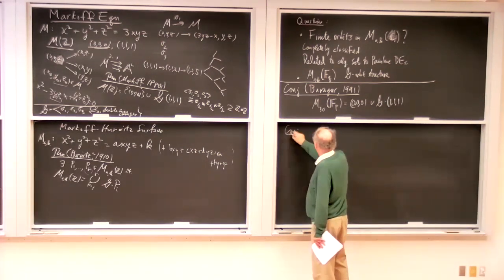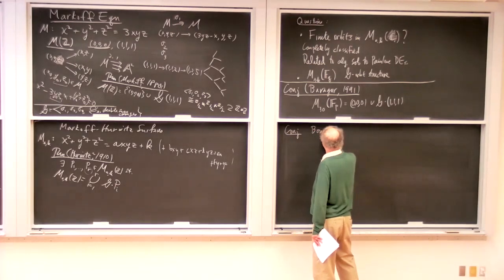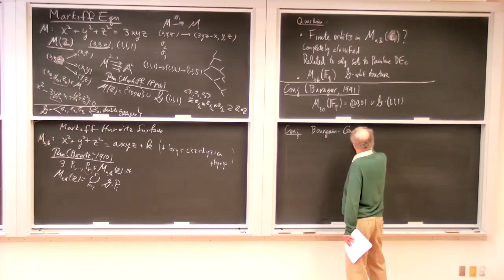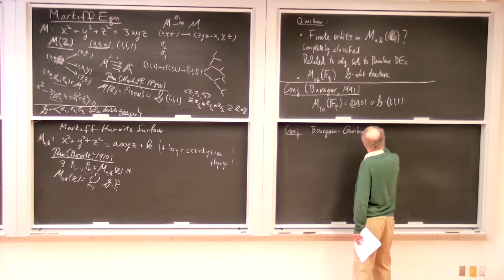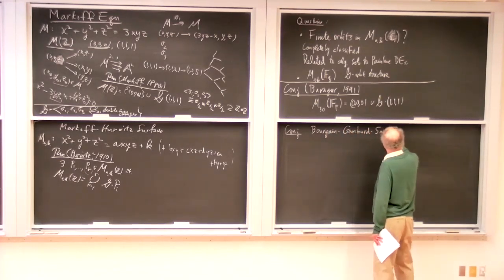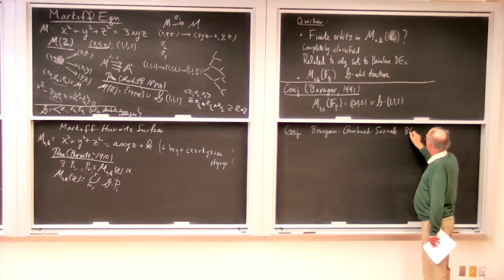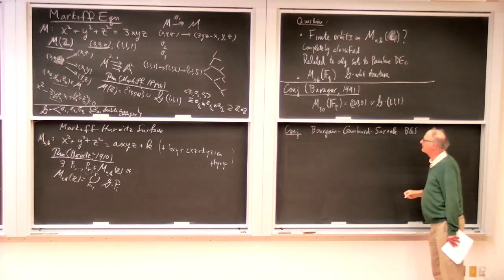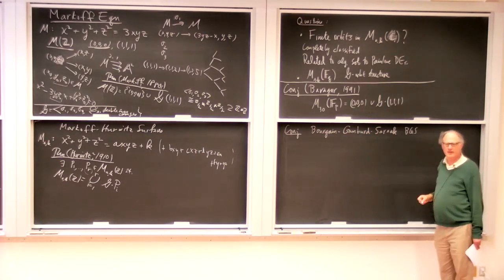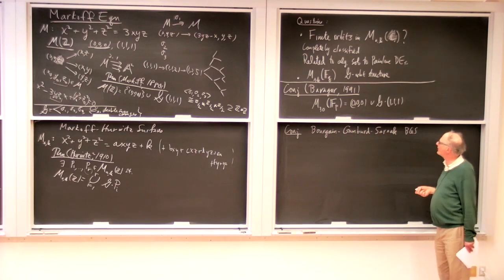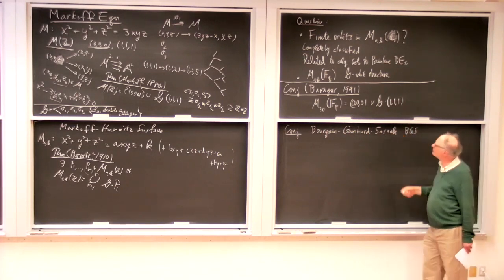Then Bourgain, Gamburd, and Sarnak, whose names are going to come up a whole bunch, so I'm just going to abbreviate it BGS, a few years ago, 5, 6, 7, 8 years ago, conjectured that something similar should be true.